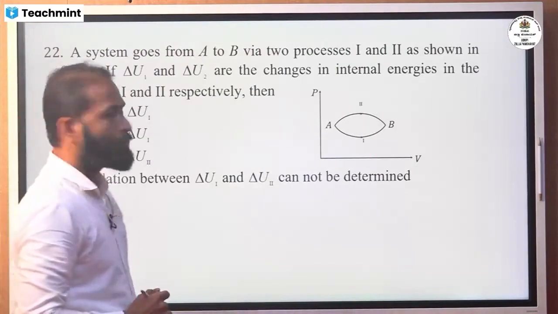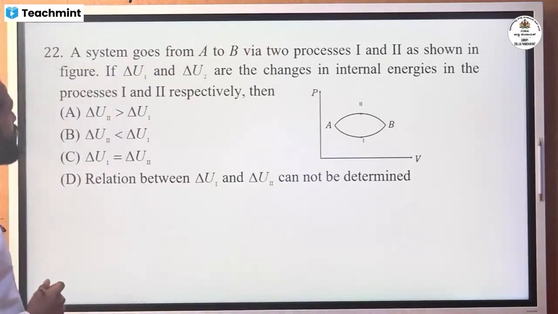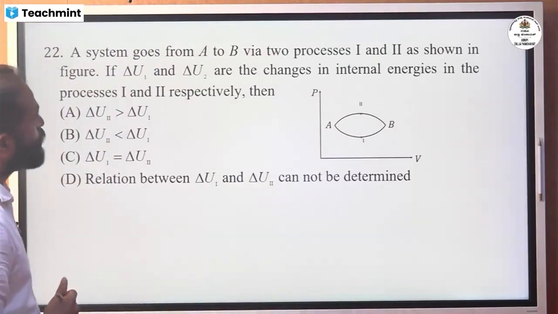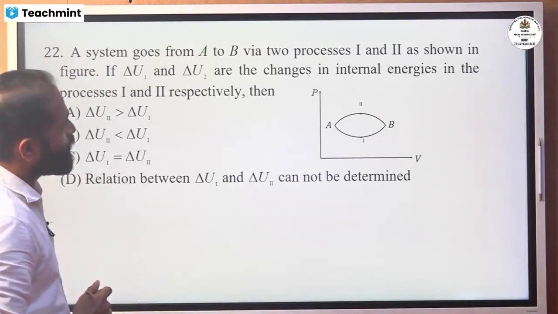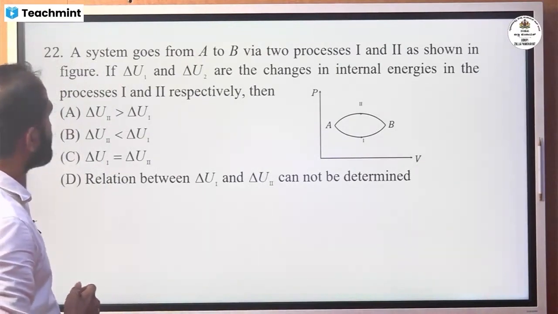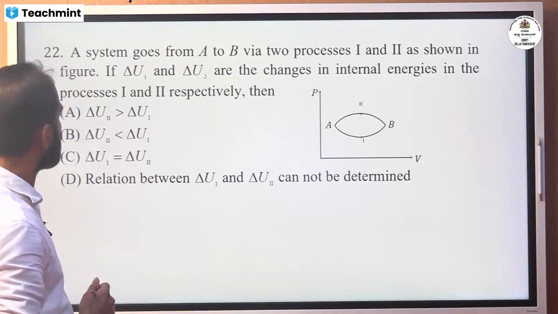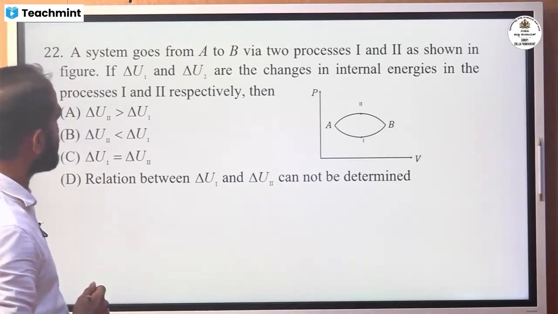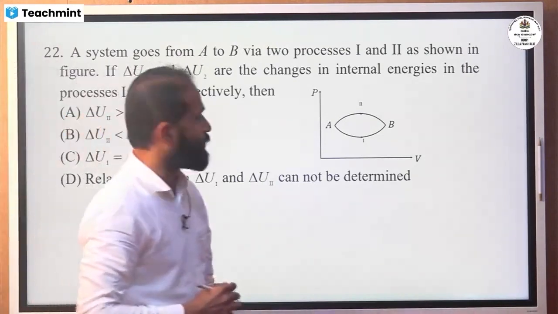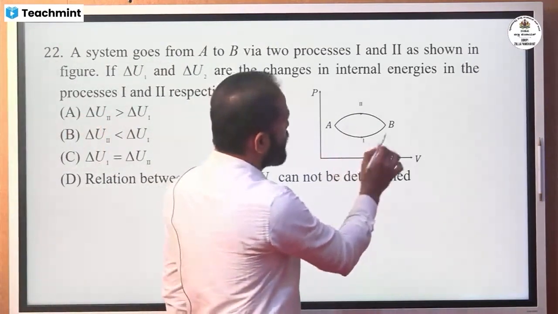Question 22. A system goes from A to B through two processes 1 and 2 as shown in the figure. If delta U1 and delta U2 are the changes in internal energies in processes 1 and 2 respectively, then now look at the processes here.